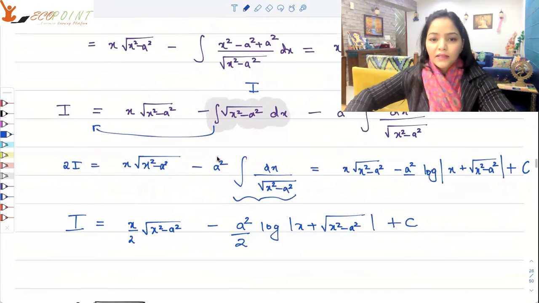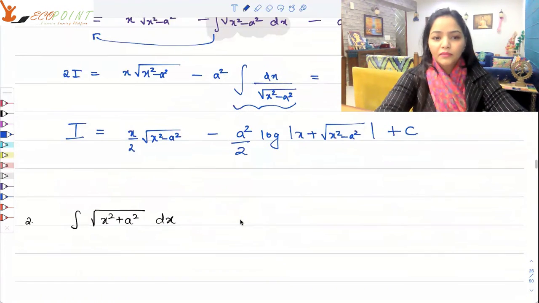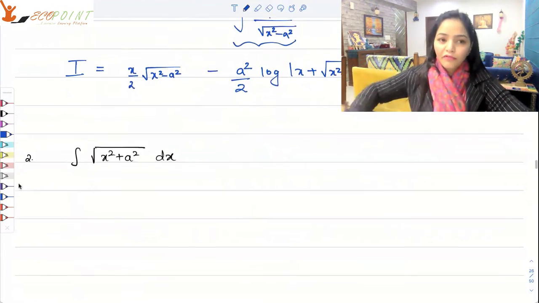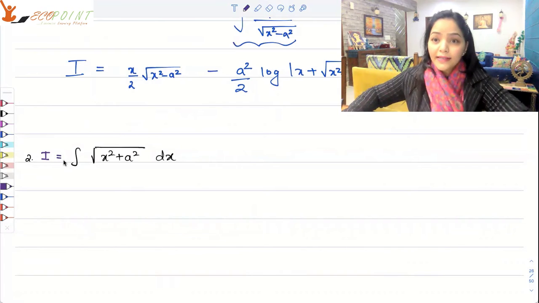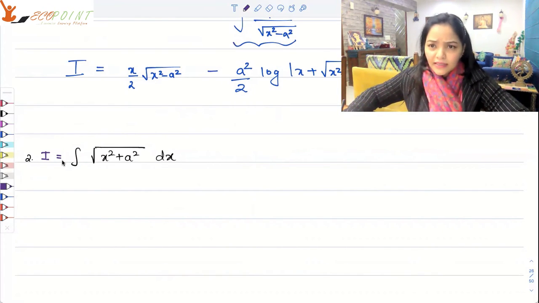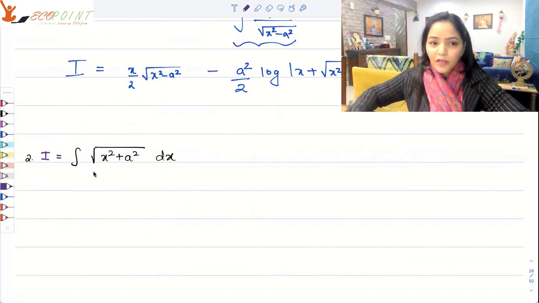In fact, if you take up the task of figuring out the integral of similar kinds, square root of x square plus a square, using the same tactic, you will be able to figure out that this will turn out to be... So you know what you will do?